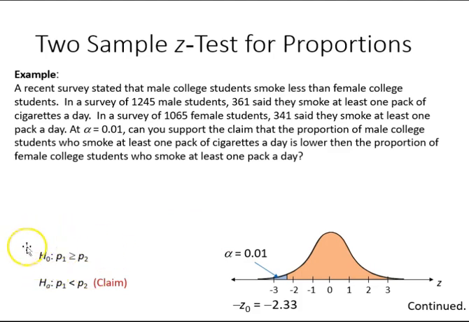So there's our null: p1 is greater than or equal to p2, and then our claim. The claim is that males are less than females, so 1 is male, 2 is female. Our z-score here at the 0.01 level is going to be minus 2.33.